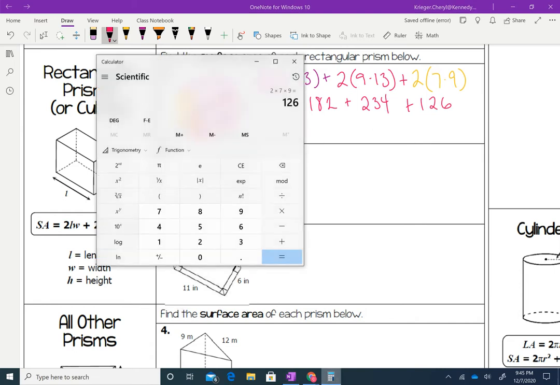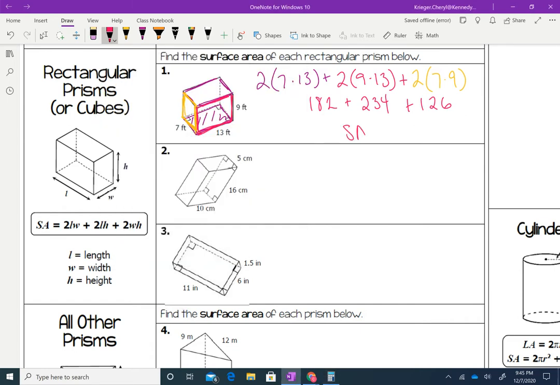Okay, and now we'll just add them all together to find the total surface area. 182 plus 234 plus 126 gives me my total surface area is 542. Okay, and of course it's area, so my dimensions are squared, so feet squared.